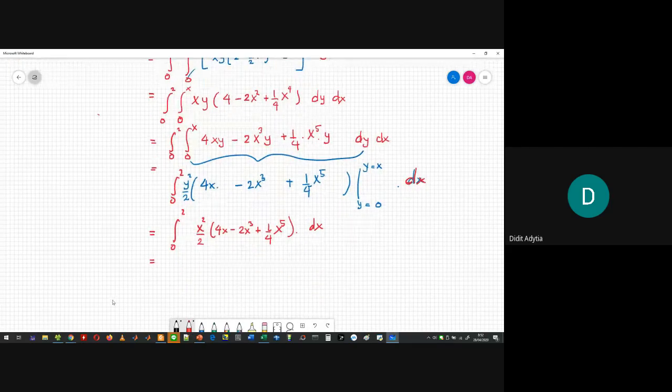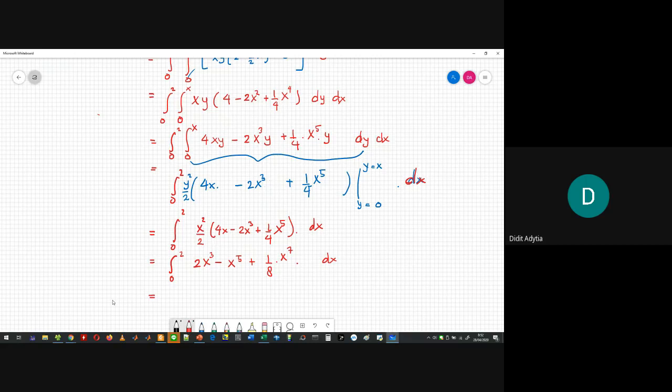Kita substitusi, jadinya ini saya tuliskan kembali. Kalau bisa langsung, silahkan langsung, okay? 4, this is 2x to the power of 3 minus x to the power of 5 plus this is 1/8 x to the power of 7, okay, dx.